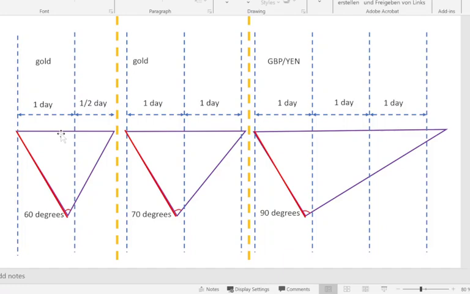In some cases, rather rare, for this pair, we can also see here a 60 degrees angle. This means after a sharp drop, there is a sharp reversal. And if this angle will be around 60 degrees, this means you don't have to wait so much.